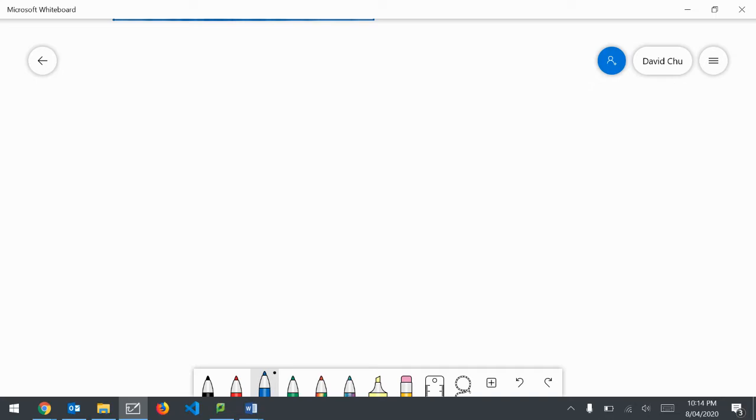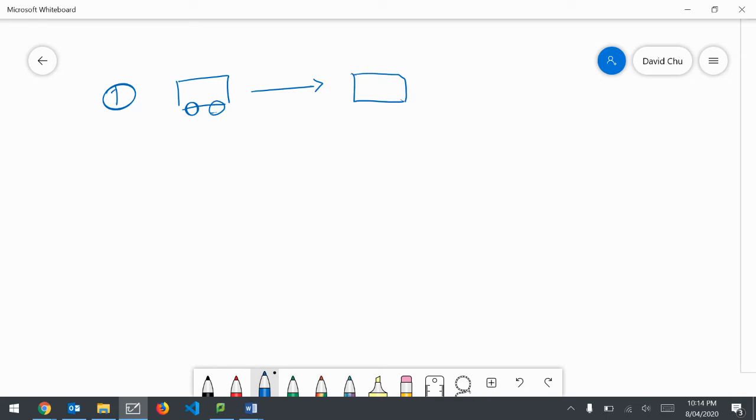So first case: you have two trolleys. Before, this one here is moving at a velocity and the other one is stationary. Afterwards, this one stops moving and this one continues on.